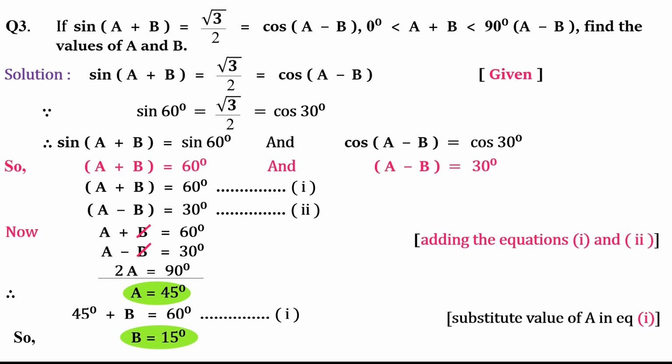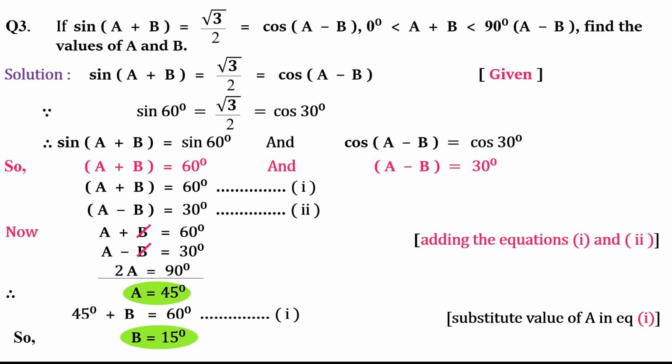So the question was to find the value of a and b. See how we have simplified. Taking the help of the table, we saw in this question sine was connected with an unknown angle a plus b, but its value was known, it's root 3 by 2. So from the table we saw for which value of sine we have root 3 by 2, and we came to know that it is sine 60.